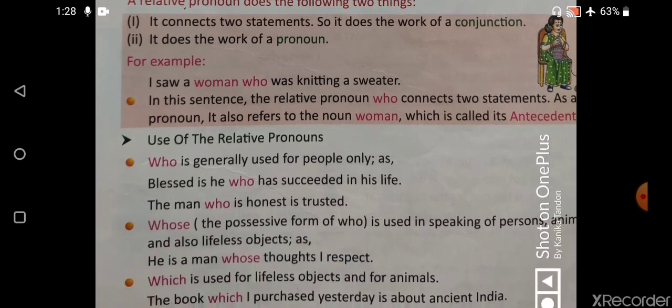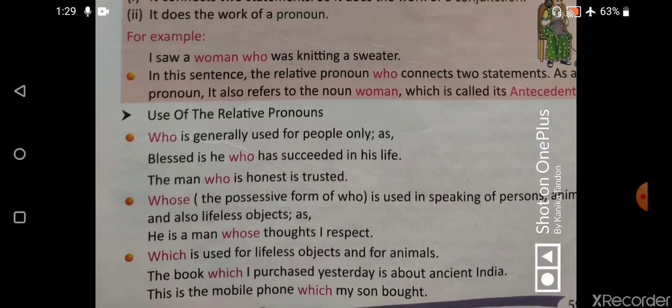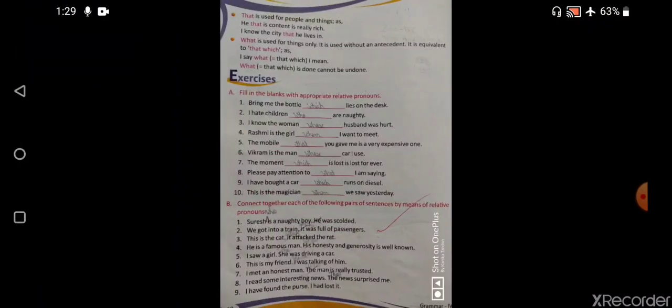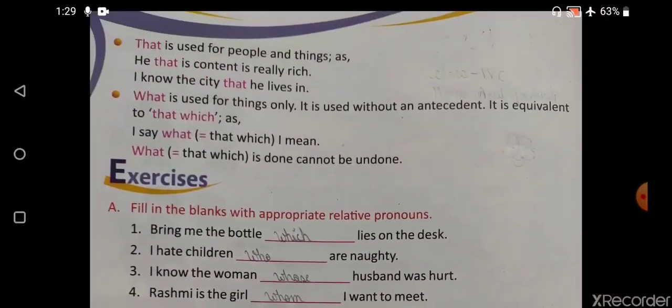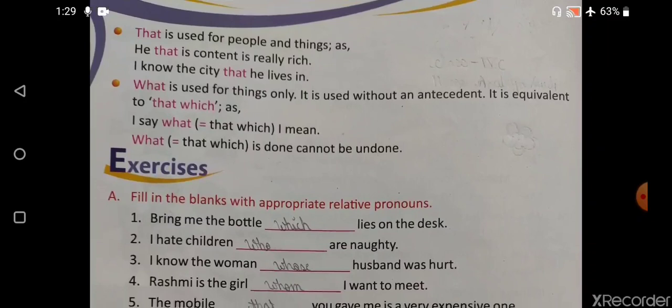Use of the relative pronoun: who is generally used for people, whose is for possession, which is used for lifeless objects and animals, that is used for people and things, and what is used when it is used without an antecedent.